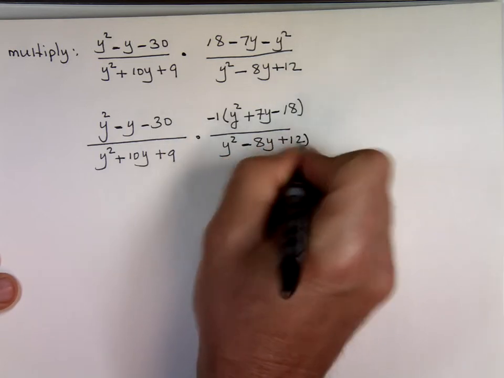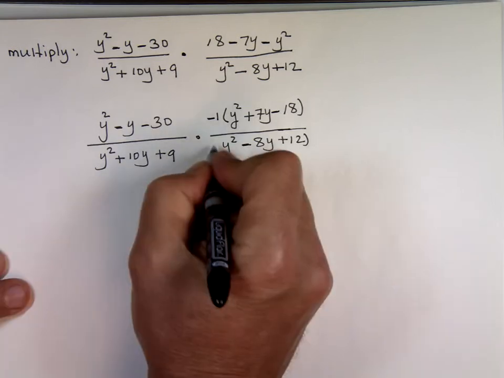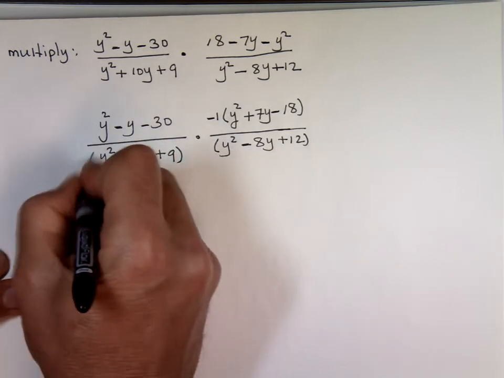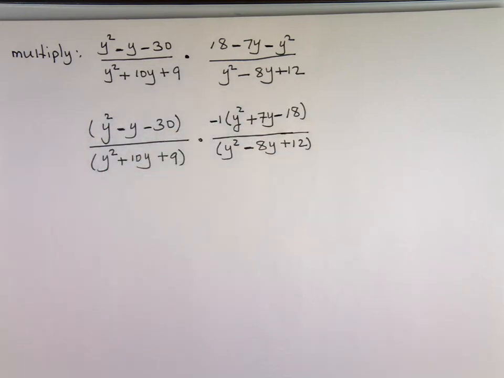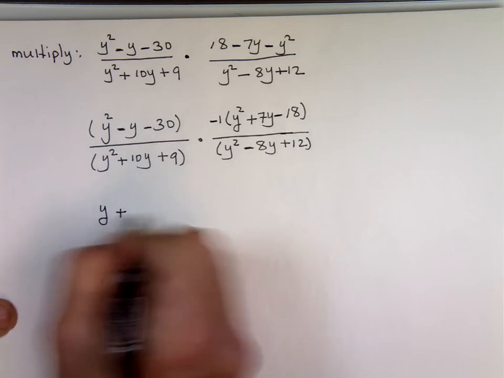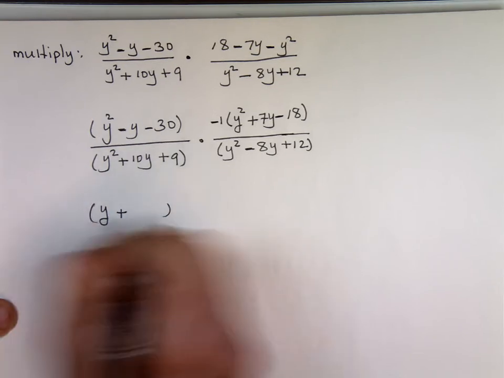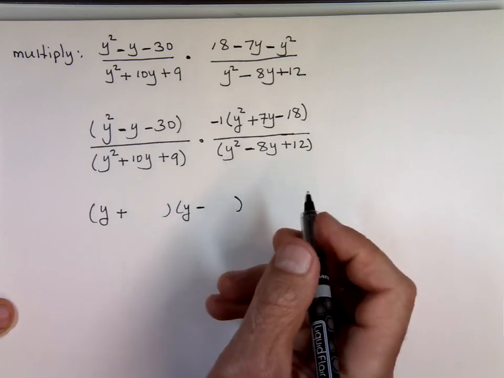Now I'm going to try to factor each one of them. If you put parentheses or not, it really doesn't make a difference. I like parentheses. I'm a fan of them. So let me factor this. Y, y, one is positive, one is negative. 30 is 6 times 5, and I want the sum to be minus 1.